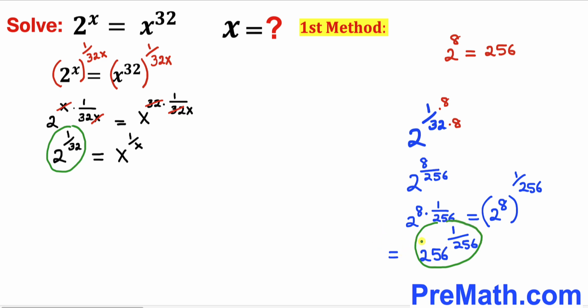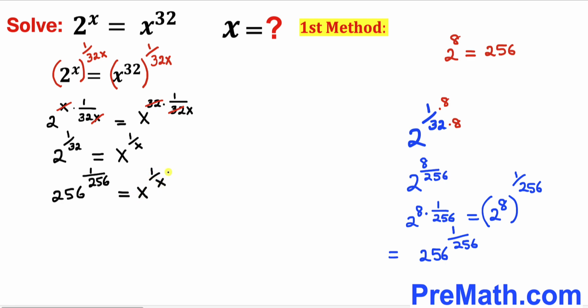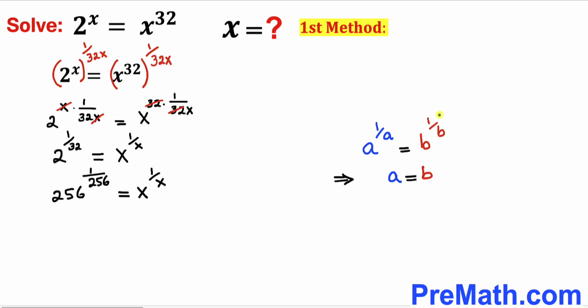I am going to substitute that value over here. So therefore, the left hand side is going to become 256 power 1 divided by 256, which is going to be equal to x power 1 divided by x. And now let's recall this rule.